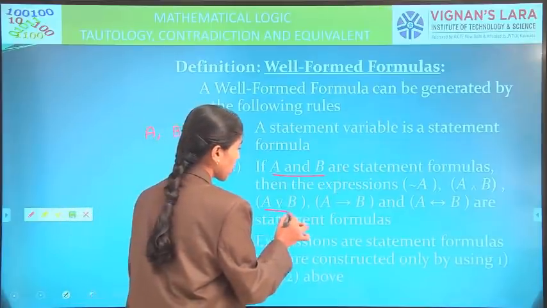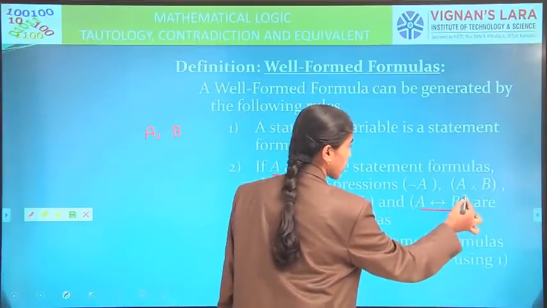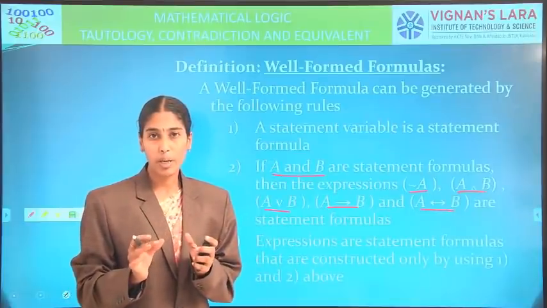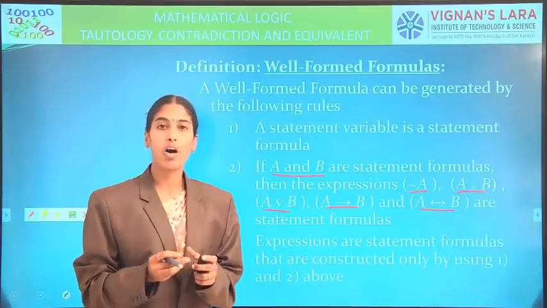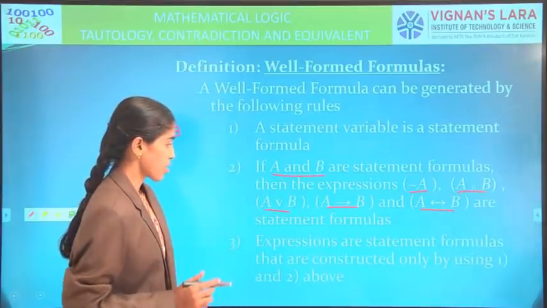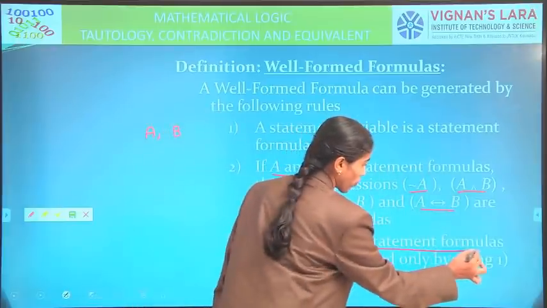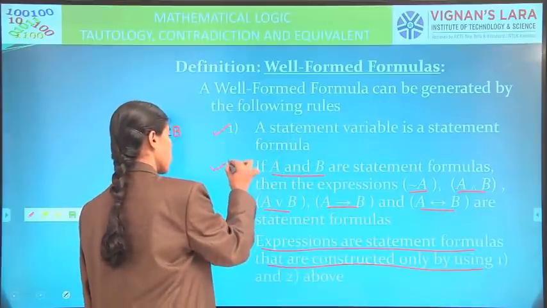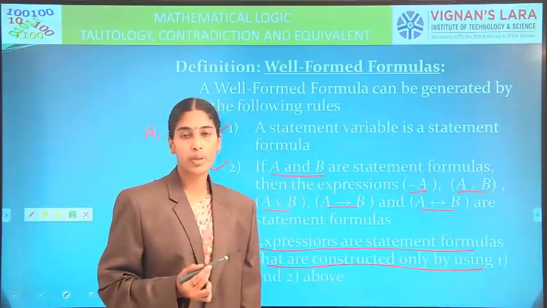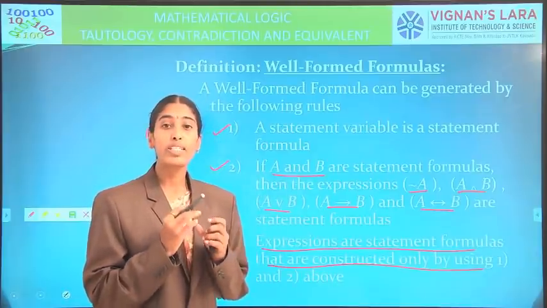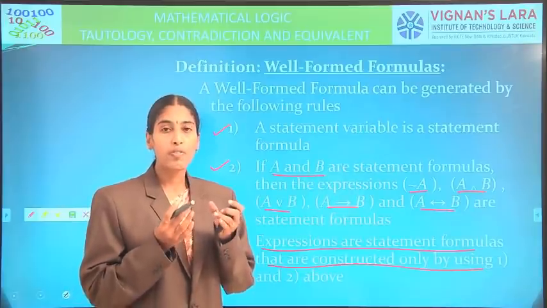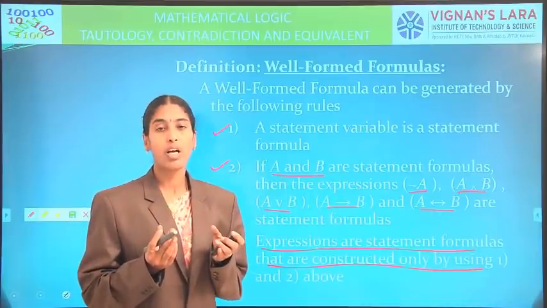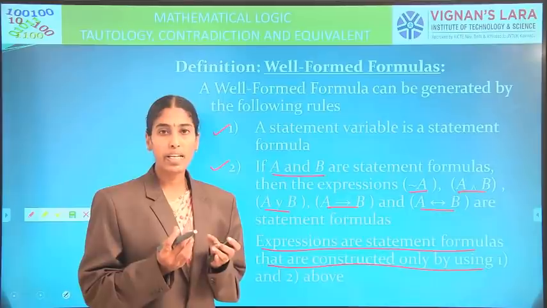That is A or B, A conditional B, A biconditional B, A and B, negation A. So whenever we use logical connectives between the propositional variables, we call those also statement formulas. Next, expressions are statement formulas only if they are constructed by using rules 1 and 2. What are 1 and 2? 1 means a propositional variable itself is a statement formula. 2 means if those propositional variables are connected by using logical connectives, those are also called statement formulas.